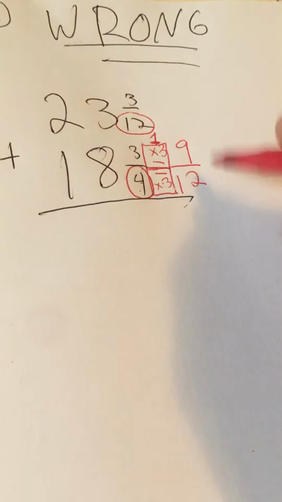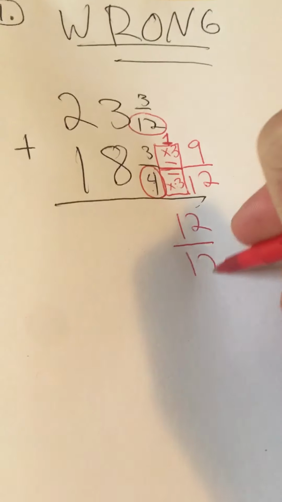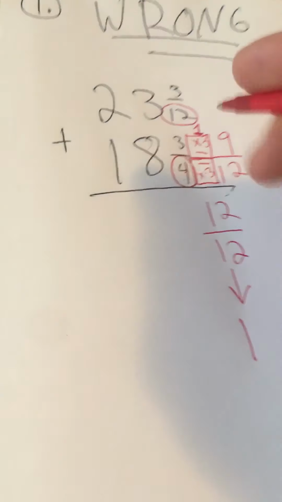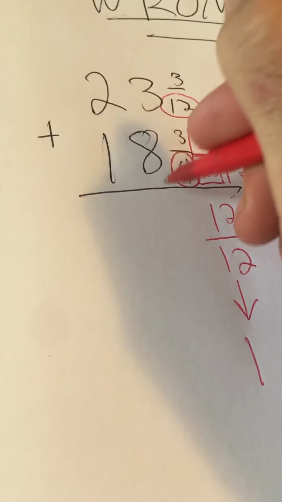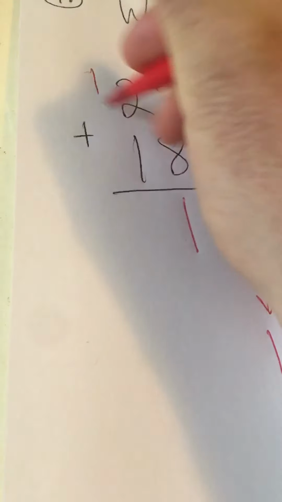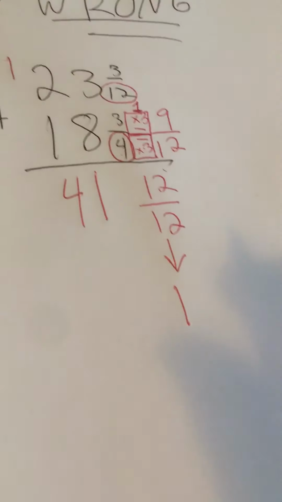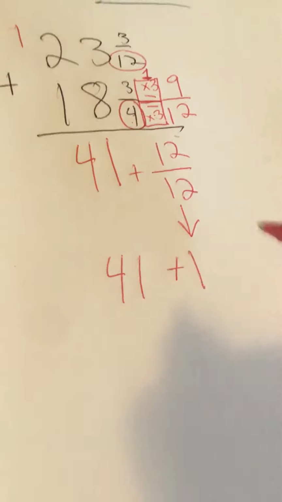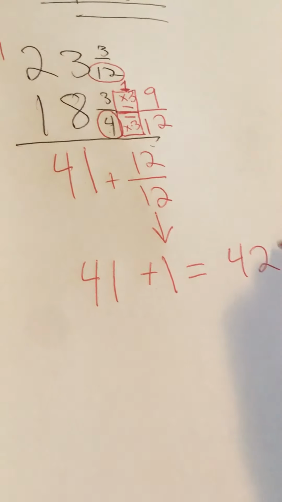Okay, so 3/12 plus 9/12 makes 12/12. That's equal to 1 whole. And let's do 23 plus 18. 8 plus 3 is 11. 2, 3, 4. So we have 41 and 12/12, or 41 plus 1, which is 42.